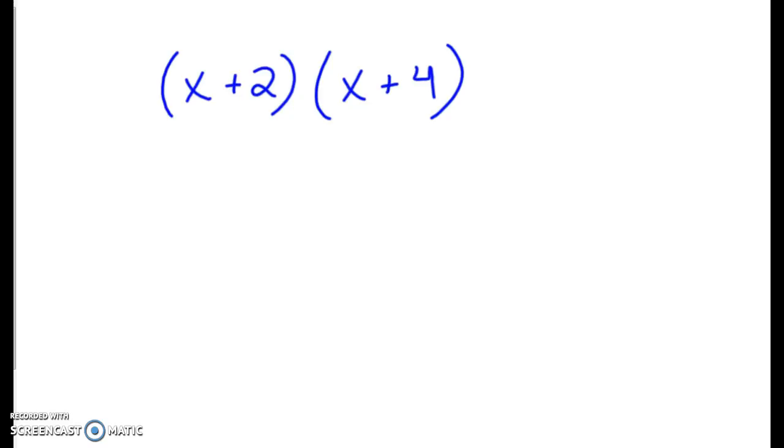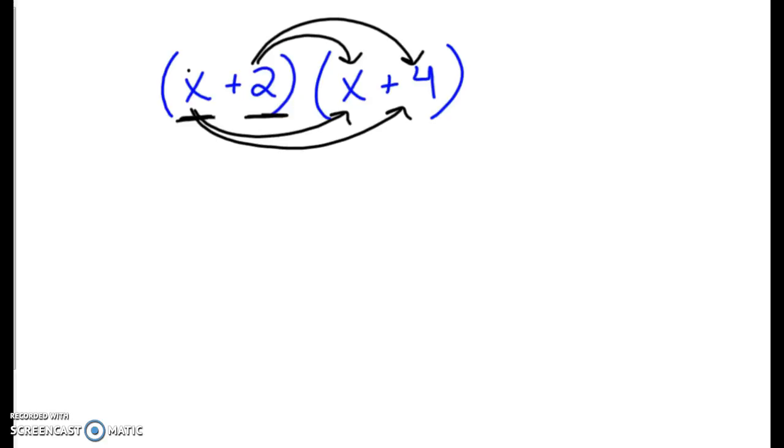Every term in front, so here we have a term 2 and a term x, both of these have to be multiplied by all of the parts inside the parenthesis. So the x and the 2 both have to be multiplied by the x and the 4. So I'm going to have 4 terms when I am done.